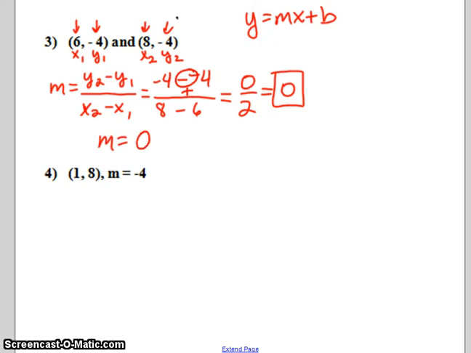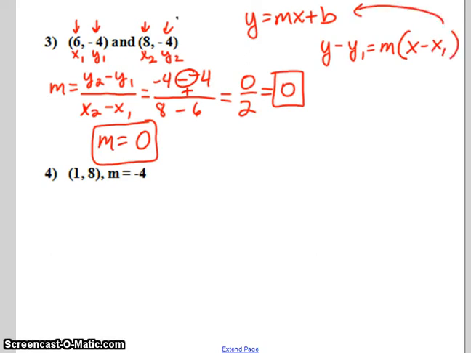Now we have the slope and a couple of points. We learned about this formula, and how it can lead us to the slope-intercept formula. This formula is called point-slope. It's useful when we have a point, and in this case we have two, and the slope. That's all we need to use this equation and then get it into slope-intercept form.